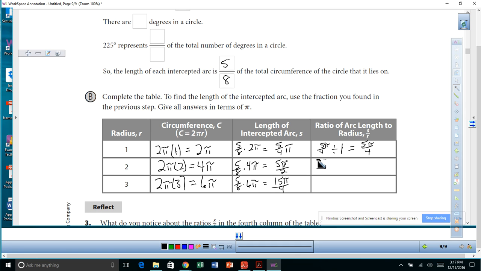You're going to have 5 pi over 2 divided by 2, and that's going to give you 5 pi over 4. And let's do the 15 pi over 4 divided by 3, which is going to give you 5 pi over 4. So the ratio is still 5 pi over 4.